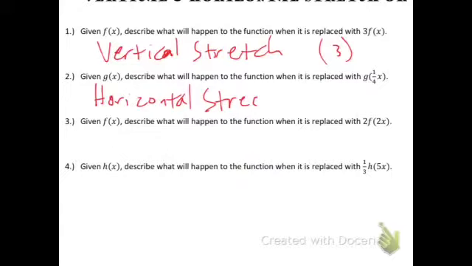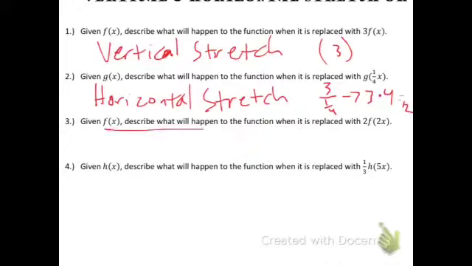Because even though it's 1/4 of the x's, you need to divide all the x values by 1/4 to do the transformations. And if you divide, so like you got some number like 3, and you divide by 1/4, that becomes 3 times 4, which is 12. And so it's stretching the x values out. So it's a horizontal stretch.